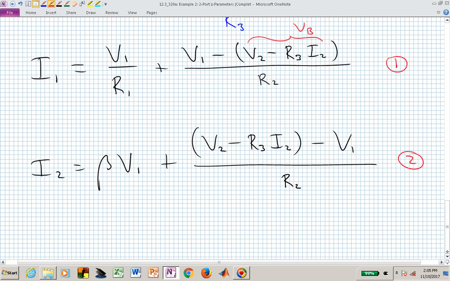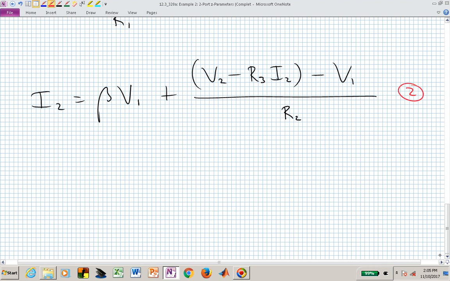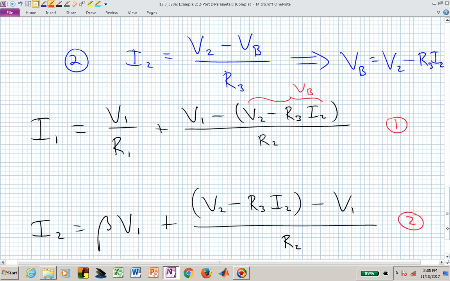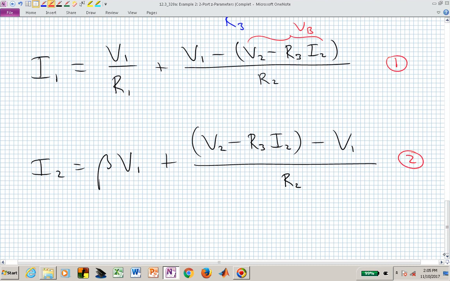I hope you can see then that from these we now have two equations. We could put all of these terms on one side and then put the I's on another side. From equation 1, we have something that we could now multiply V1 and V2 by on the left and put all of our I's on the right.